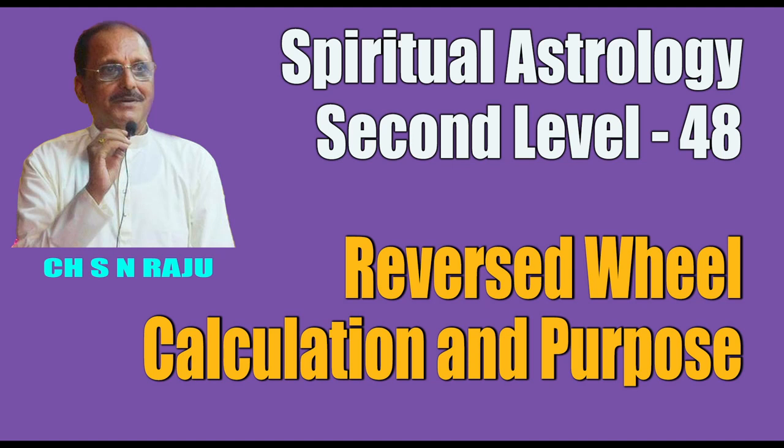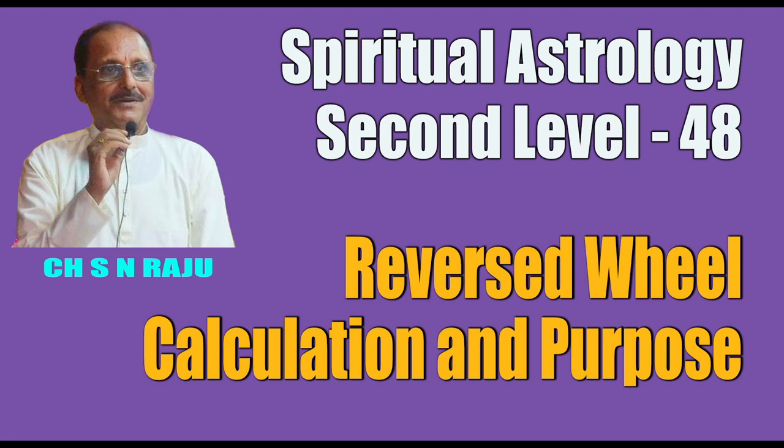Here we should be very careful with the calculation. I will give you an example. This is the example I am giving here. You can also do it on your own. First of all, we have to understand how to progress the houses and planets. We have to learn how to do the progressed horoscope, or you can use some software also.